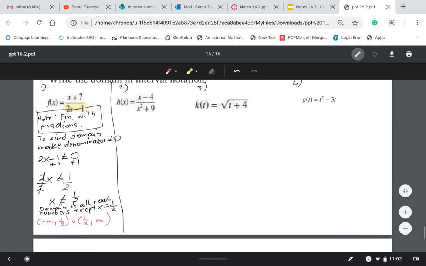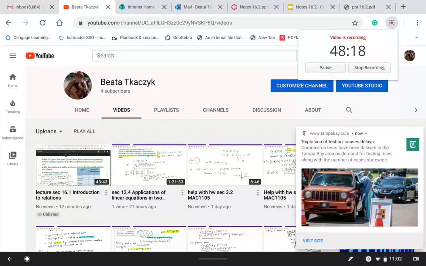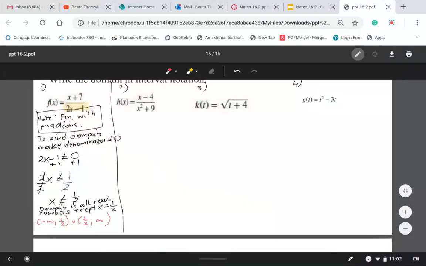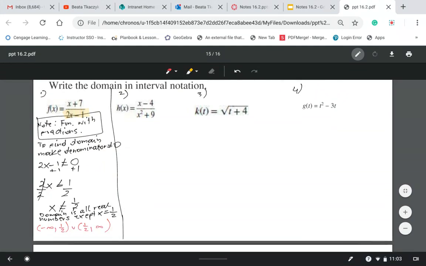We always do the same type of work when a function has fractions: you set that denominator not equal to 0. Technically, the domain is the set of all the inputs, so for x we can plug in any value except 1/2.